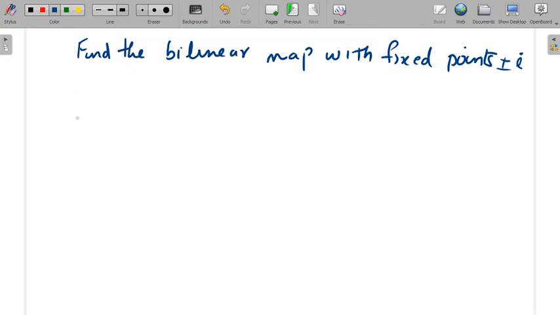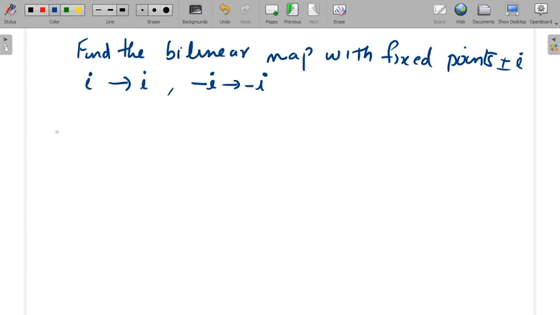So we know for a fixed point the image will be that point itself. That means i is mapped to i, minus i is mapped to minus i. So we are not given 3 points, we are given the image of 2 points only, and we will find the bilinear transformation up to the information given.